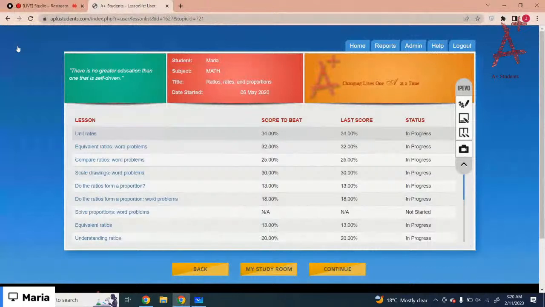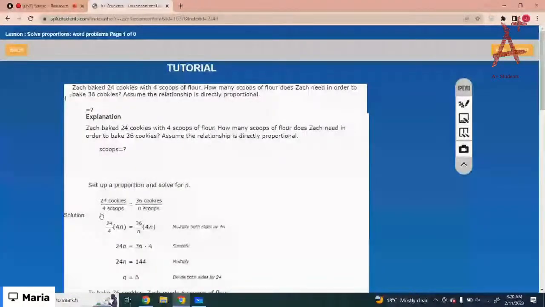Okay, let's just start with the first example.